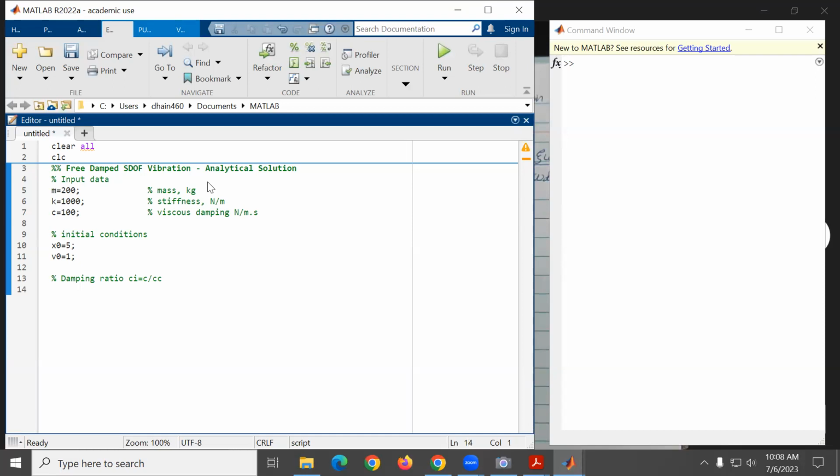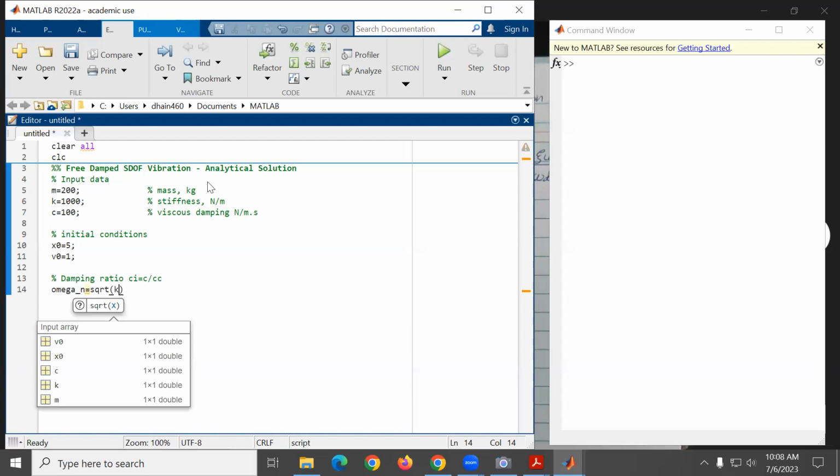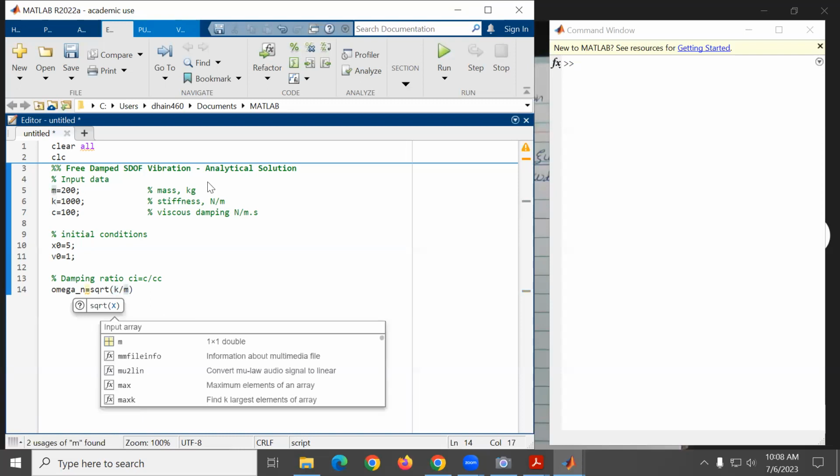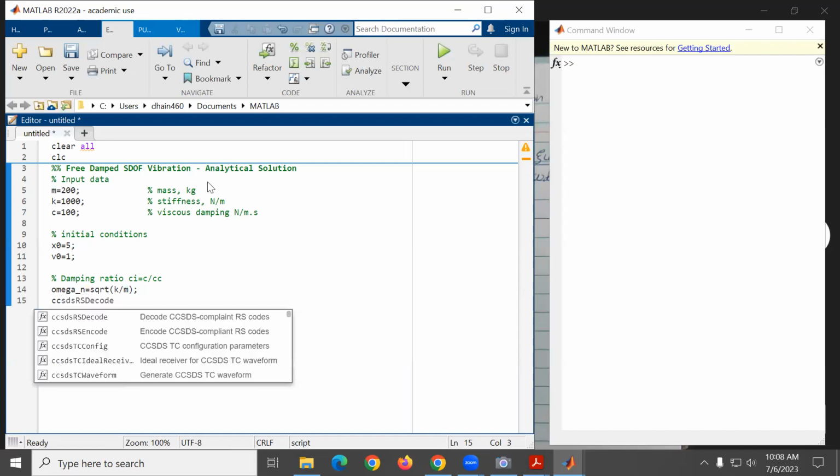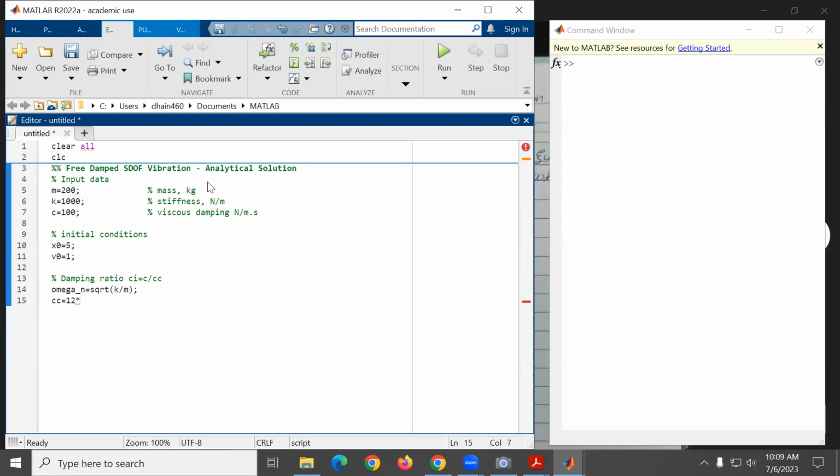So we say that omega sub n is equal to the square root of K divided by M. All right, the critical damping we say is 2 times M times omega n, which is the natural frequency.